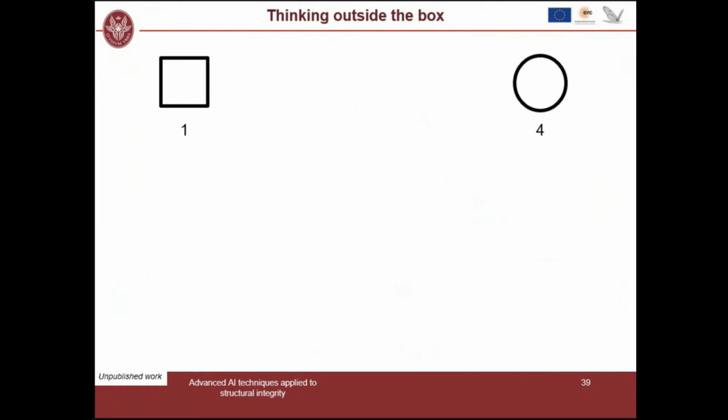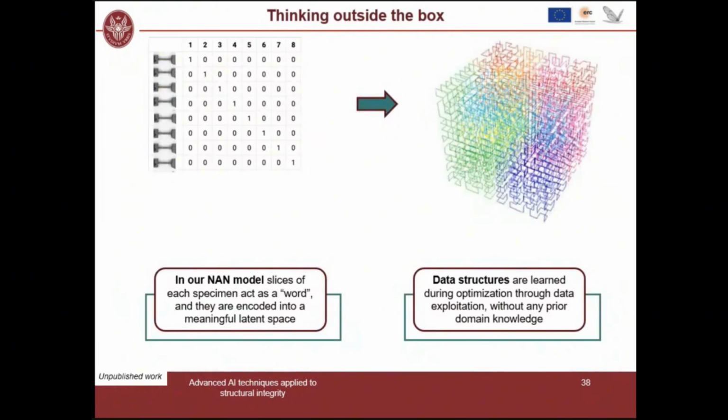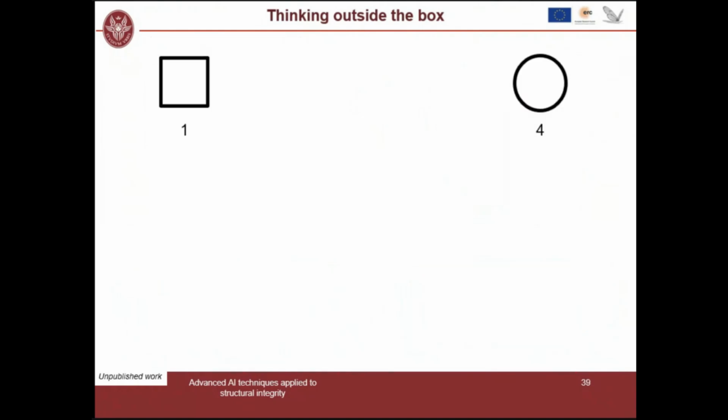But we have a problem here that we didn't have with the transformer, because technically we want our latent space to have some very nice properties. For example, this is a completely unrelated task. I am encoding the square shape into the number 1 in my latent space, okay? And I've encoded my circle shape in the number 4.